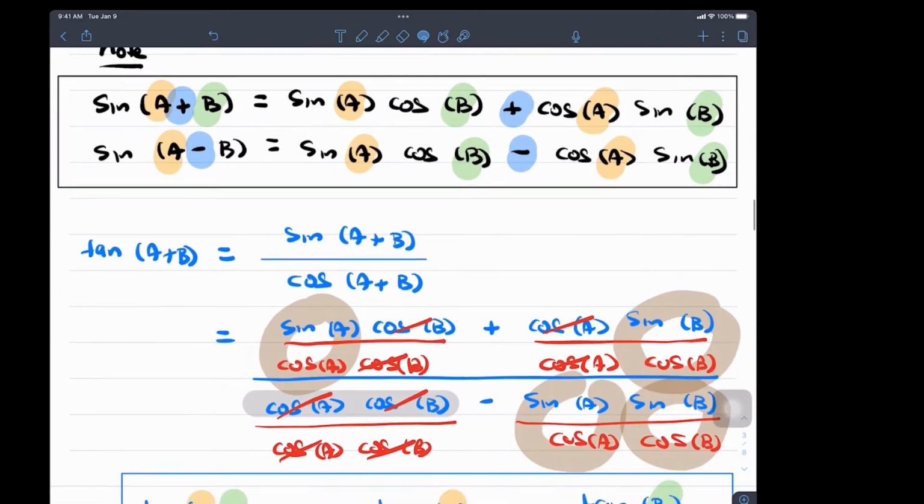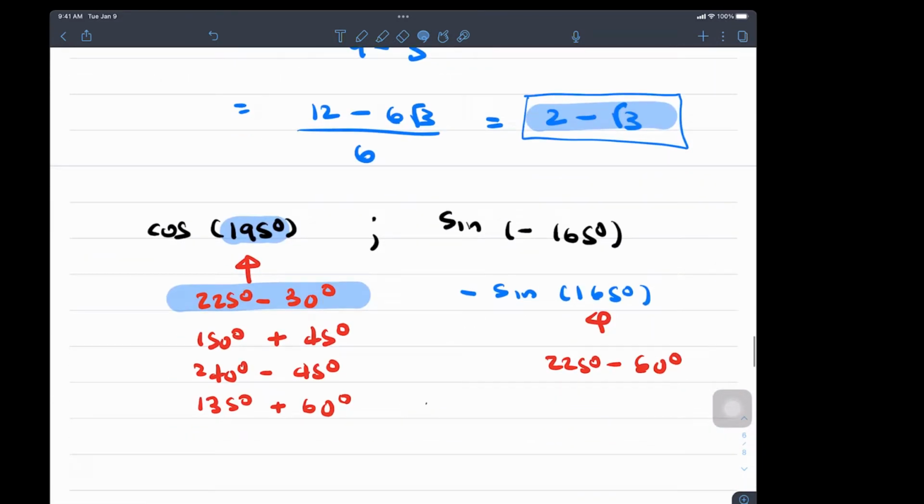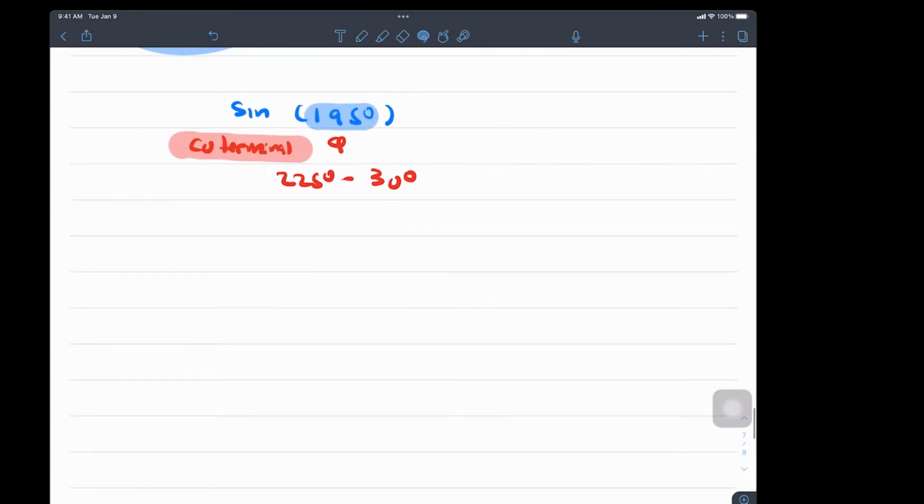Sine A cosine B minus cosine A sine B. Okay?